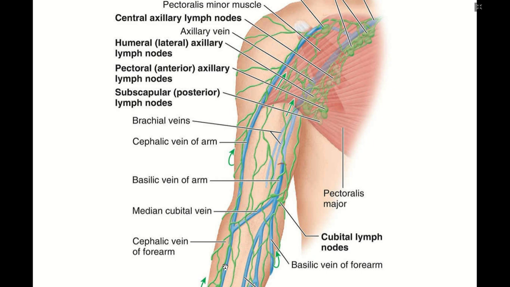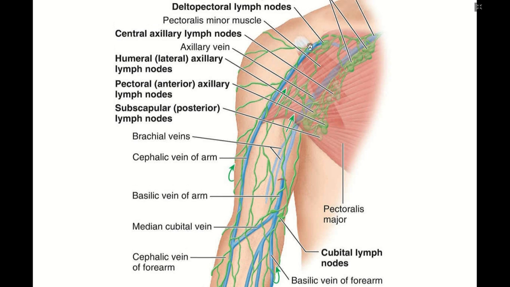This lymph travels along the cephalic vein, enters the deltopectoral groove, and drains into the deltopectoral lymph nodes, which are your infraclavicular lymph nodes. These will end up draining into your apical axillary lymph nodes.